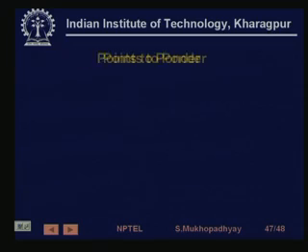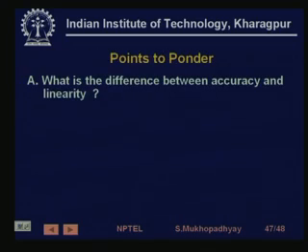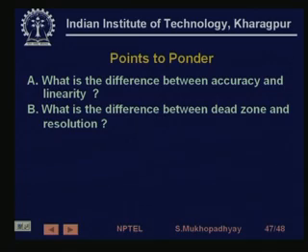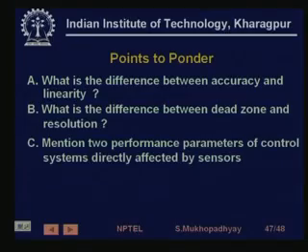So before closing, we would like to have some points to ponder. For example, what is the difference between accuracy and linearity? When are they the same and when are they different and why? What is the difference between dead zone and resolution? Which is likely to be more, dead zone or resolution? Then mention two performance parameters of control systems that are directly affected by sensors.